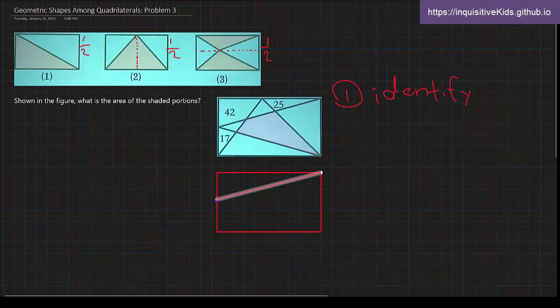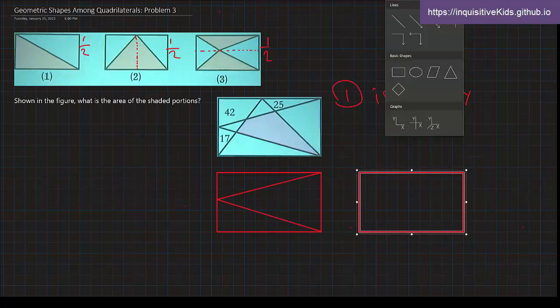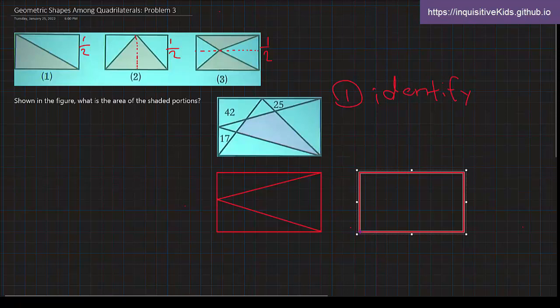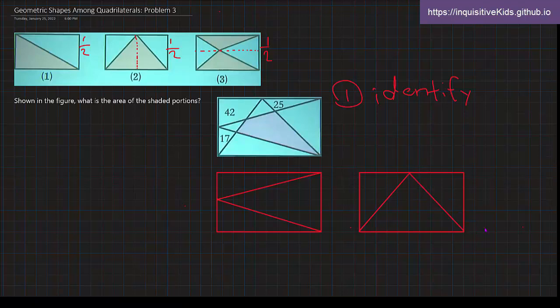And the second one looks like this. So looking at these 2, it's really just these 2 overlapped on top of each other, and we're just trying to find this shaded portion that they overlap on.